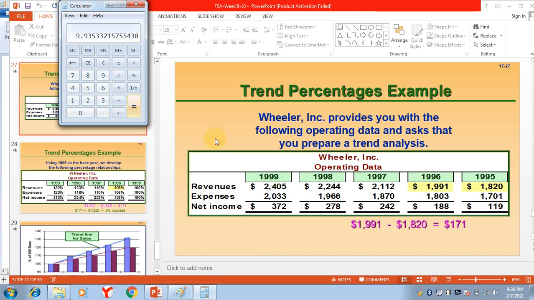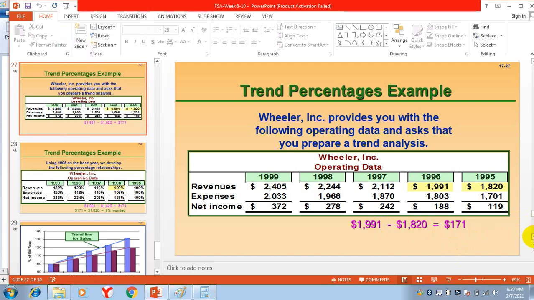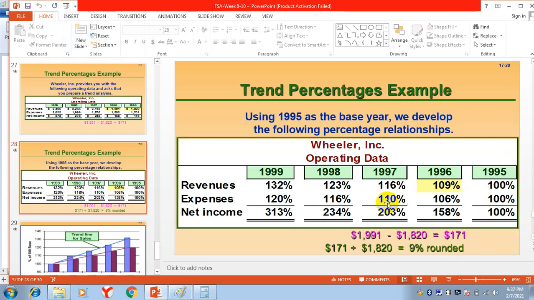So there is 9.93, a 9% increase, so you can say 10%. So see, there is a 10% increase. Similarly, you will calculate it for net income.